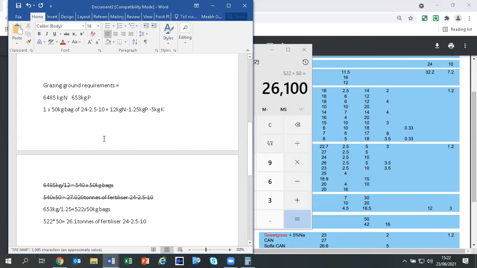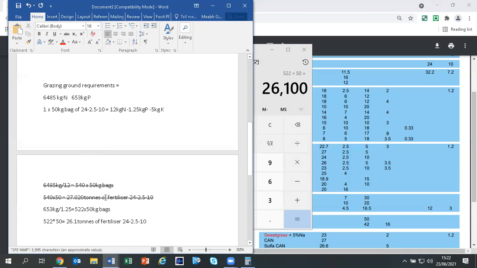So again, what did we do? We figured out what fertilizer was best suited to the ratio of nitrogen to phosphorus. We figured out the nutrients contained in one bag by dividing the percentages by 2. Then we divided the amount of nitrogen contained in one bag into the total nitrogen we require to figure out how many bags we need to meet our nitrogen requirement. We then converted that into tons by multiplying it by 50, and that gave us 27 tons.